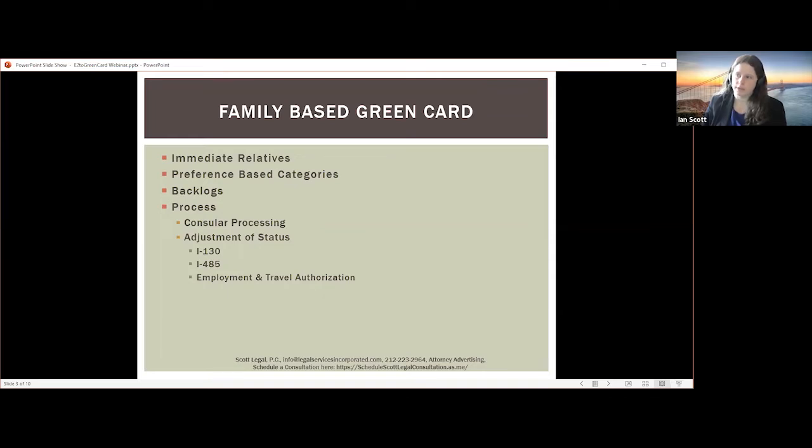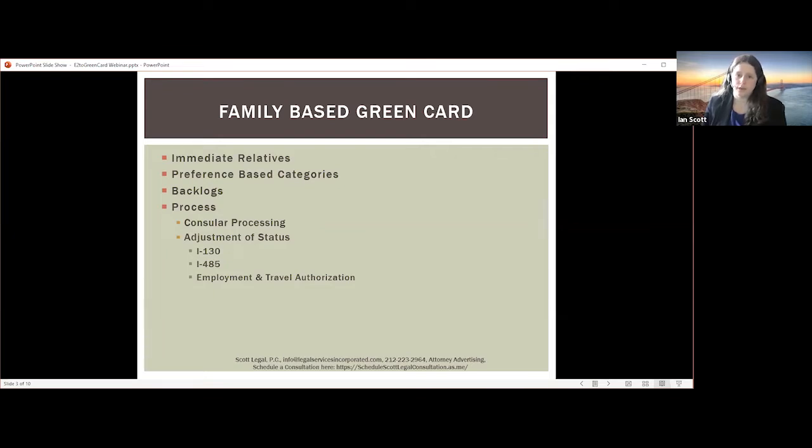Let's talk about preference-based categories. So there are other family members who can be sponsored in preference categories, and this encompasses people that can be sponsored by both legal permanent residents and US citizens. In the first category, immediate relatives, it's just for US citizens.